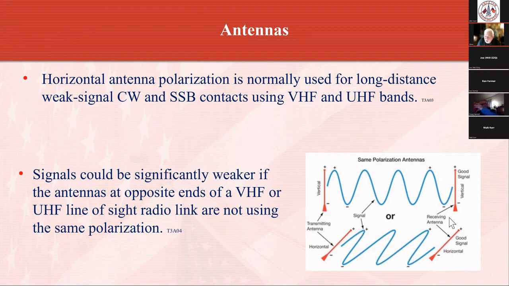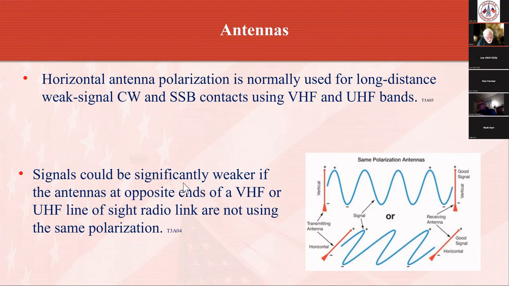But if you try to receive a horizontal signal with a vertical antenna, you're not going to receive very much. The receive and transmit antennas have to use the same polarization. And again, there's a physical reason for that.